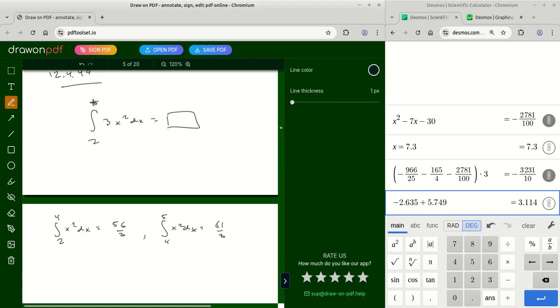Well, notice we're going from 2 to 5, so that means we're going from 2 to 4 and 4 to 5. So we're going to add these together. But notice there's a 1 in the front, and we have a 3 in the front. So we're just going to say whatever we had here times 3. So 3 times the 56 over 3 plus the 61 over 3.